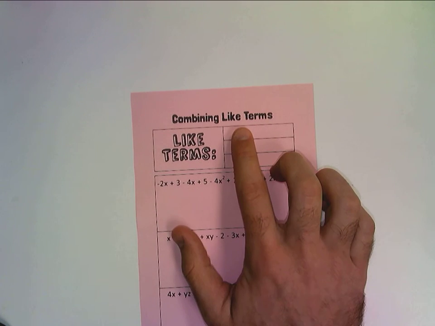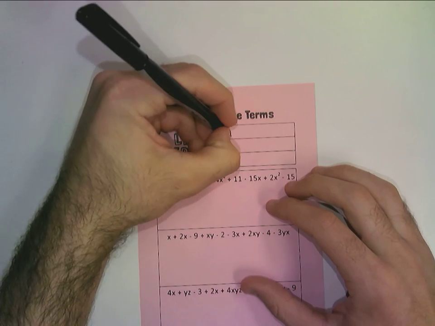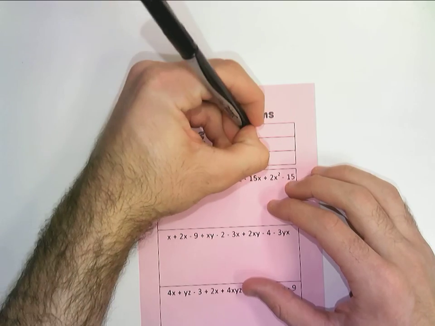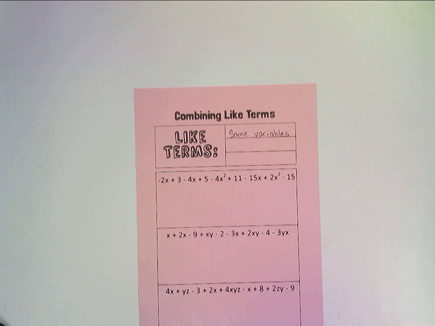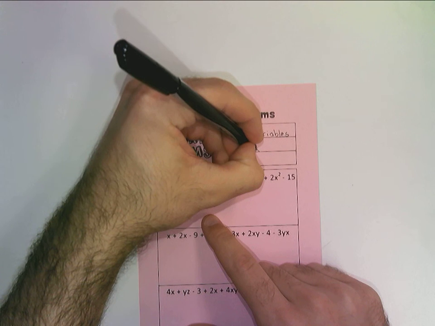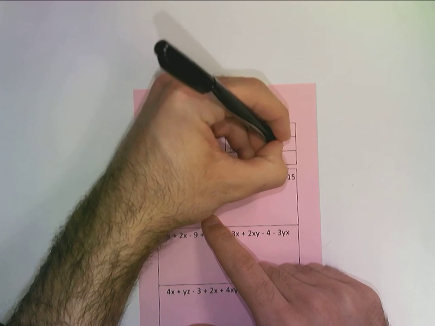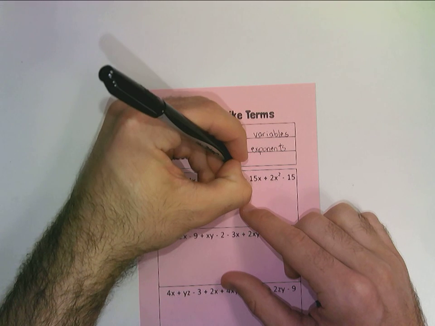So in these three boxes up here on your note sheet, what I want you to put there is: in order to be defined as a like term, a term must have the same variables, must have the same exponents, and the last one is that the order doesn't matter.